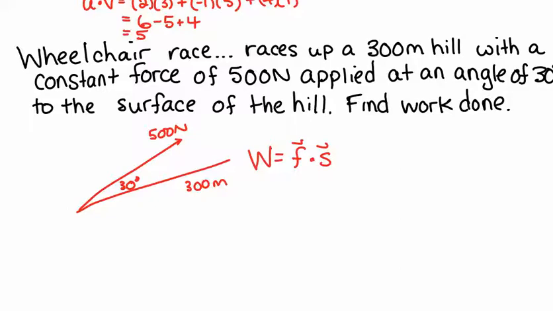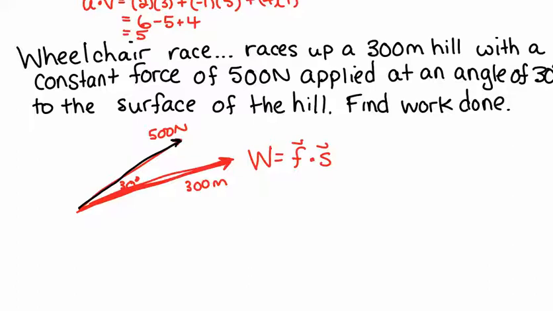Work is equal to the magnitude of the displacement, so how far you're traveling, which is 300 meters, multiplied by the force that you're doing, but in the direction of the displacement along the surface of the hill.